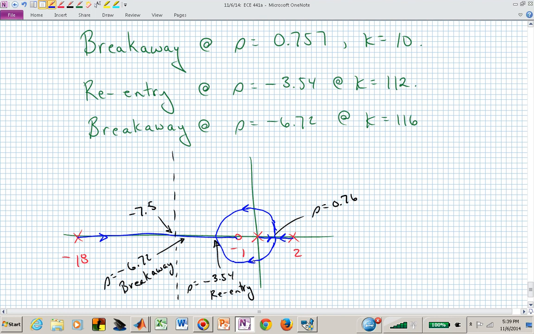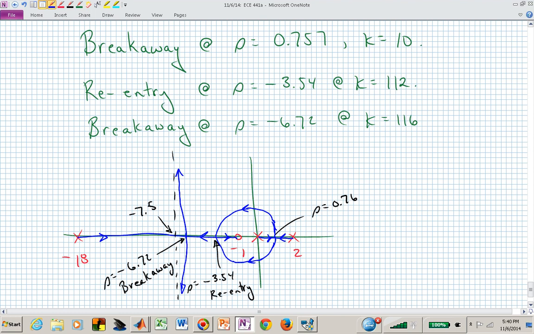That should be symmetric, both above and below. I re-enter the real line at minus 3.54. One branch goes towards the finite zero at minus 1. The other one leaves and goes to the left. The one coming in from the right now collides with the one going to the left, and these now move off and approach the asymptote as k gets bigger.